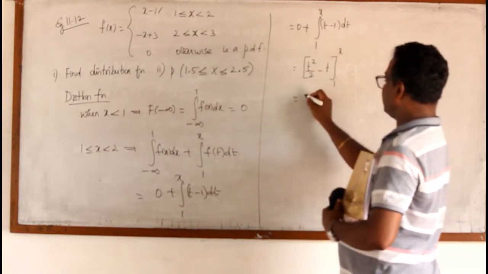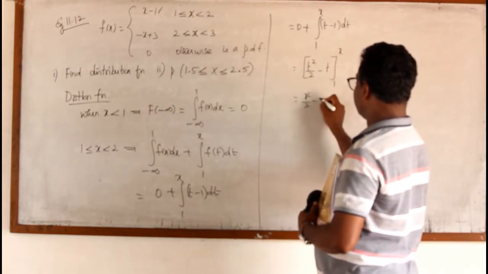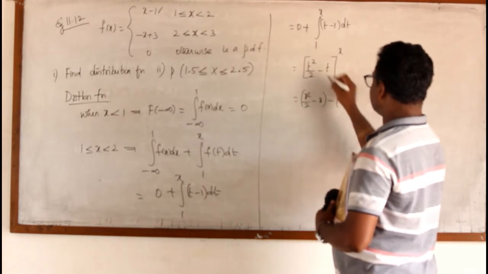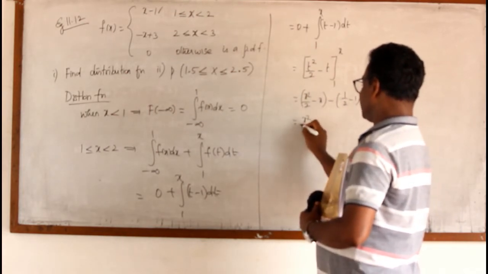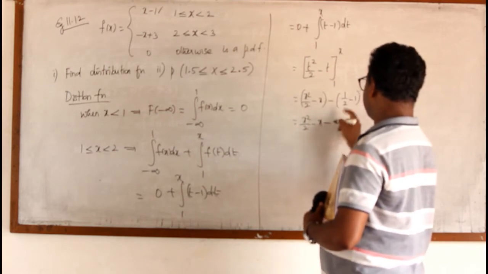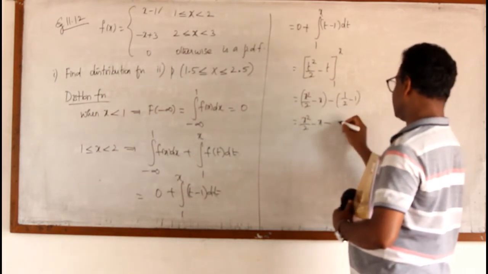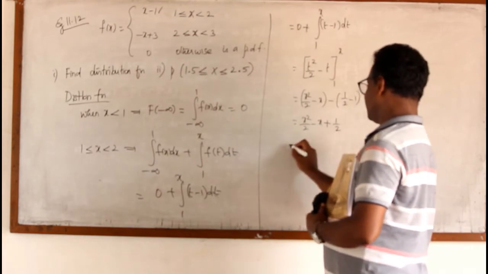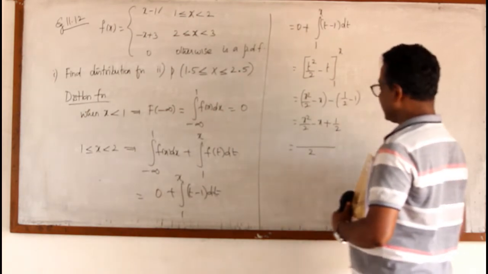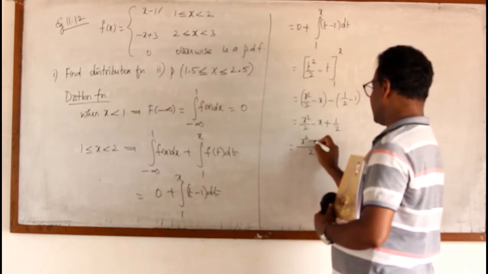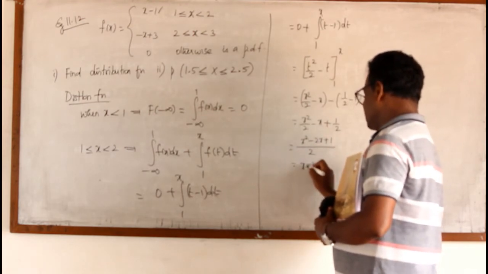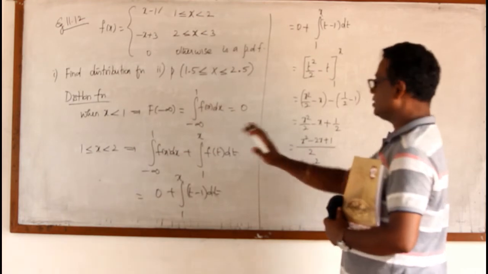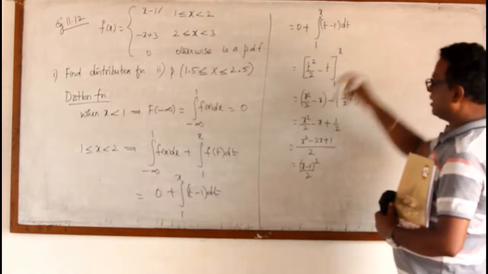Now apply the upper limit: x square by 2 minus x, minus 1 by 2 minus 1. It is x square by 2 minus x minus half minus 1, which is minus half, so it becomes plus 1 by 2. To avoid confusion, take the LCM: x square minus 2x plus 1. Is it not x minus 1 the whole square by 2? This is the second one.